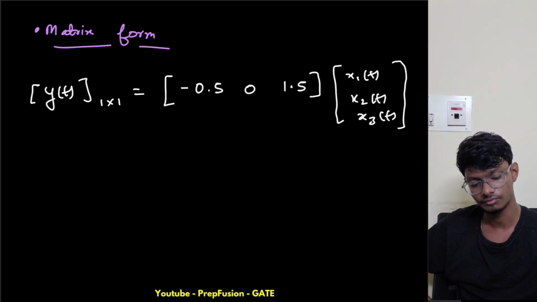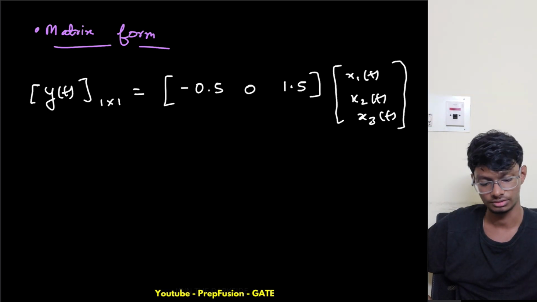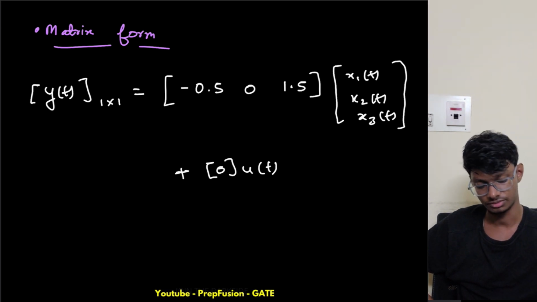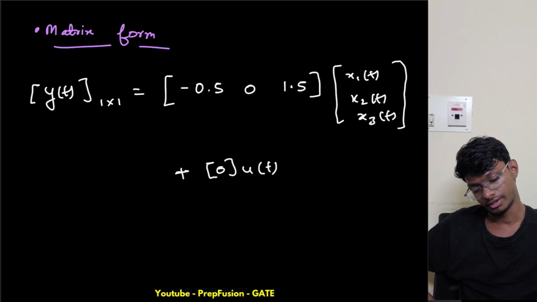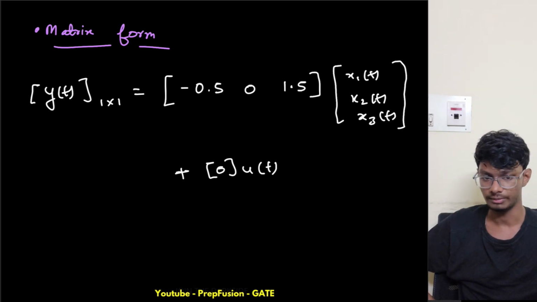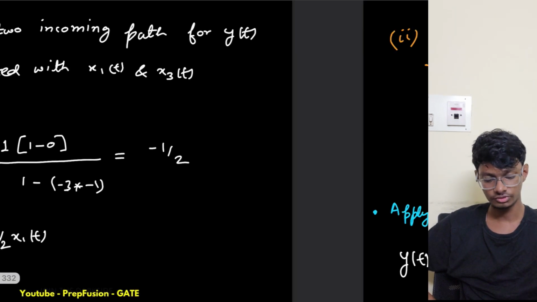Also it is not related with the input, right? So the D matrix is 0 only, a null matrix. So this is how my output equation will look in matrix format. This was the solution for this question.